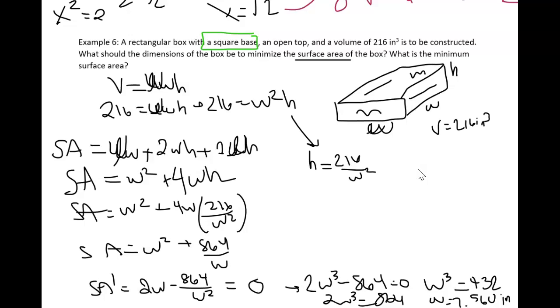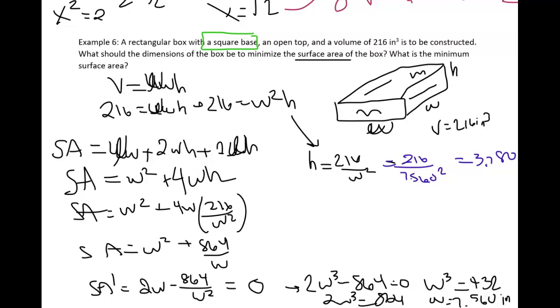So if the width is 7.56, then the height has to be 216 divided by 7.56 squared. And I'm actually going to use the store answer feature of my calculator. So I'm not going to use that rounded value. I get the height is 3.7797, which is rounded to 3.78.